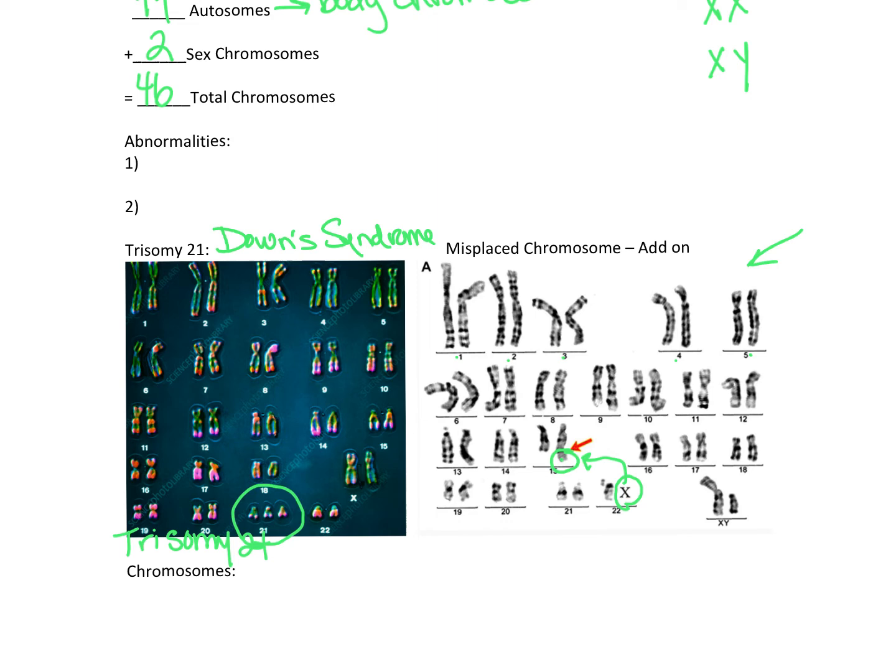That's going to cause a genetic disorder as well. So abnormalities generally are going to be a change in number of chromosomes, like you saw with Down syndrome, or a change in length.